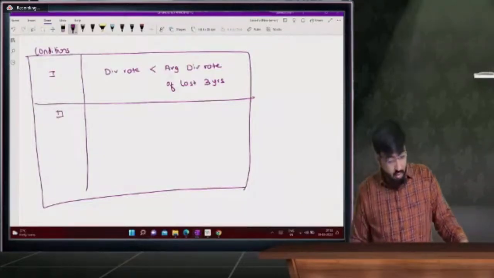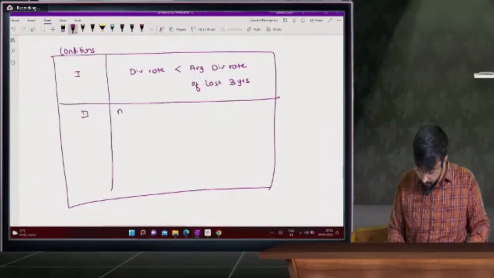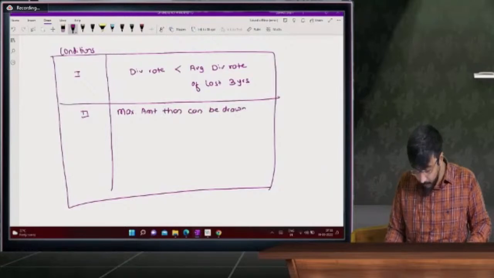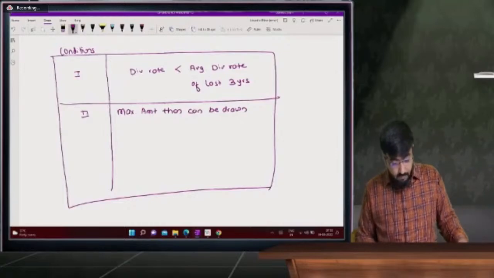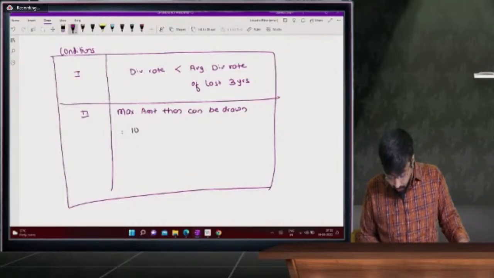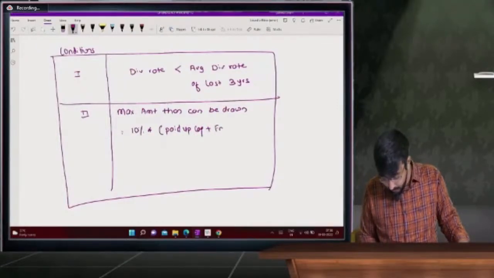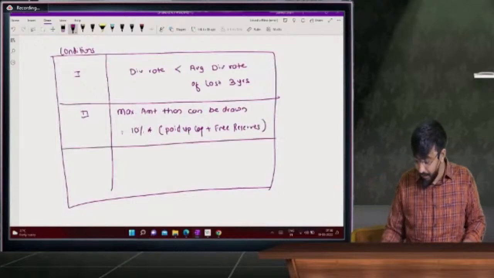Condition number 2 is the maximum amount that can be drawn, which is equal to 10% of paid up capital plus free reserves.